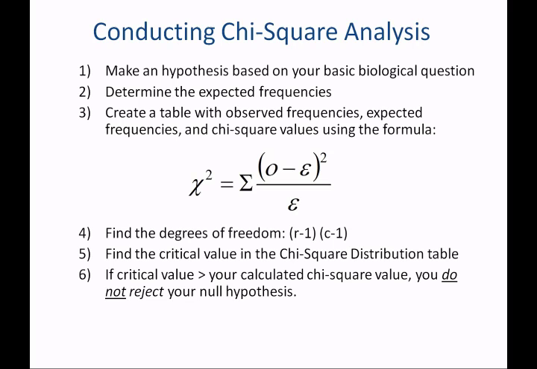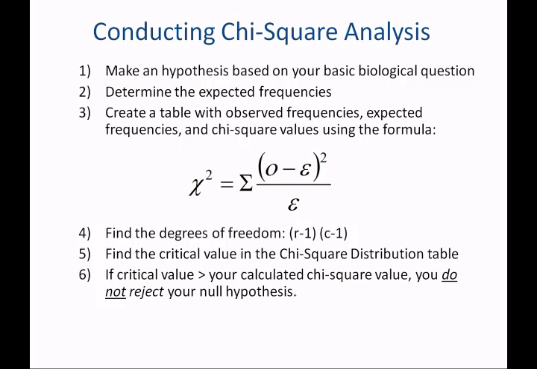Then you determine your degrees of freedom, which, as we'll see in a minute, is rows minus 1 times columns minus 1, and then you look this up in a table, and you find for your degrees of freedom and the level of significance that you're interested in, and that's going to be below 0.05 or below 0.01 or below 0.001, depending on how stringent you want to be.